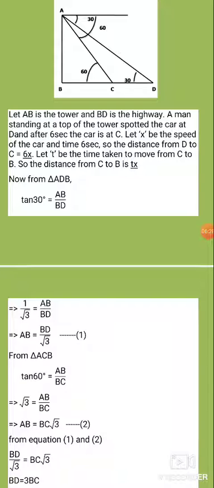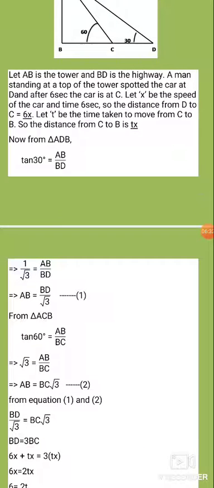When you cross multiply, BD is equal to root 3 into root 3, 3BC. Now what is BD? The total distance, which is 6x plus tx, is equal to 3 into BC, which is tx. Now 6x is equal to 3tx minus tx, which is equal to 2tx.